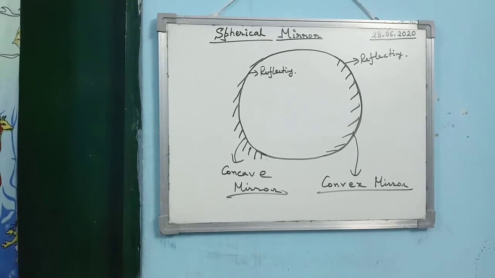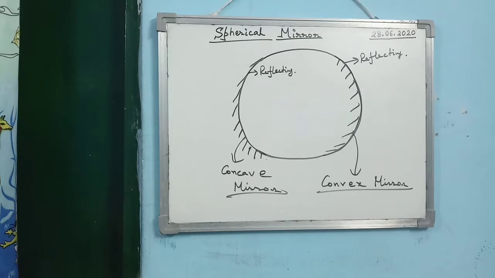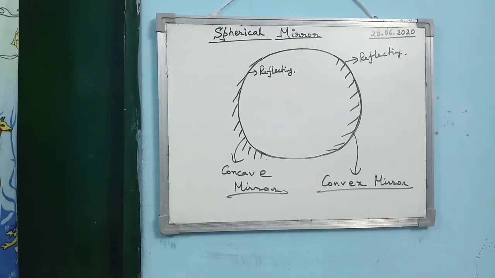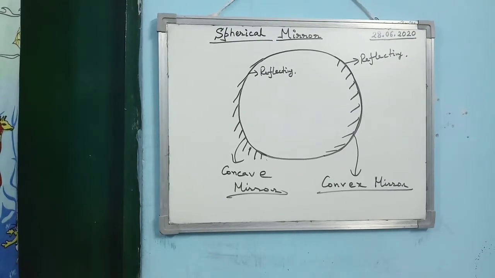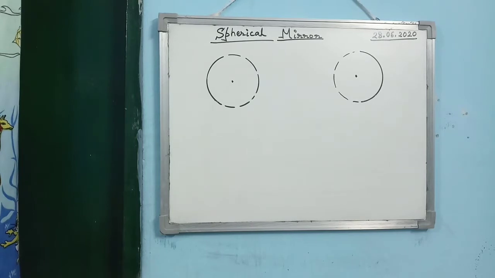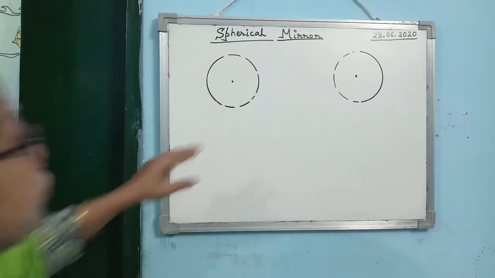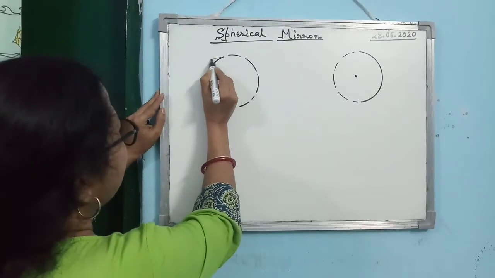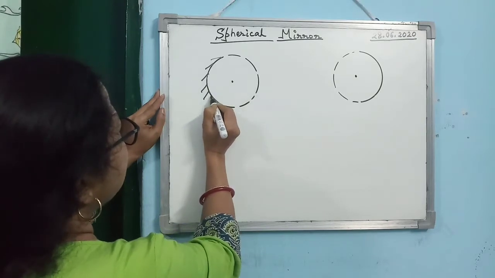Okay, now we will learn about different terms related with the concave and convex mirror, means spherical mirrors. Now the different terms associated with the mirrors. So here I have taken one concave mirror.